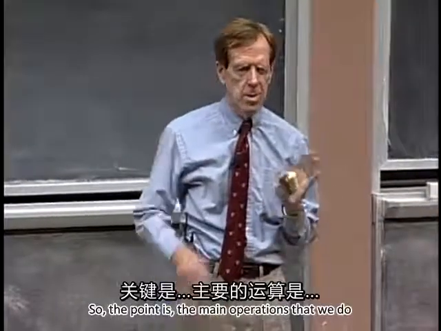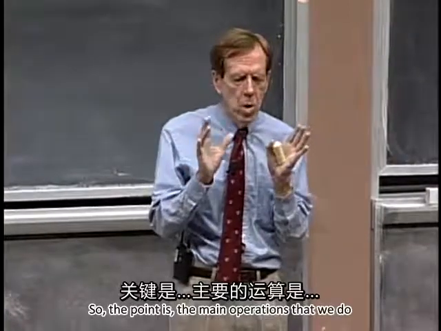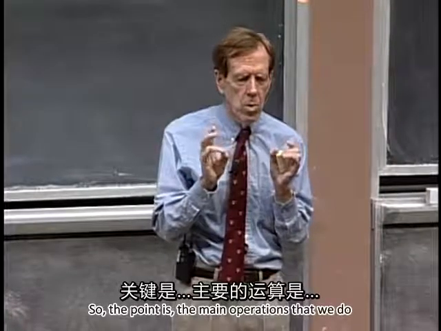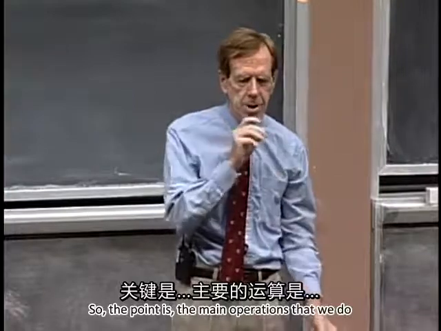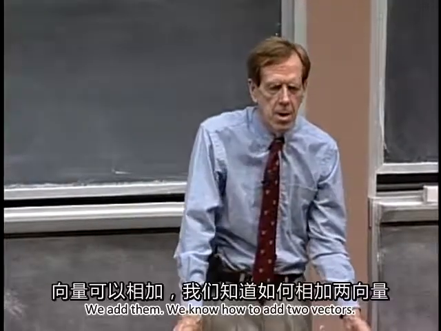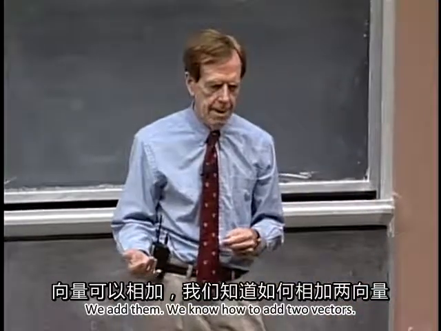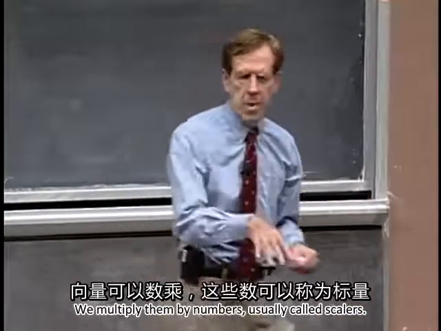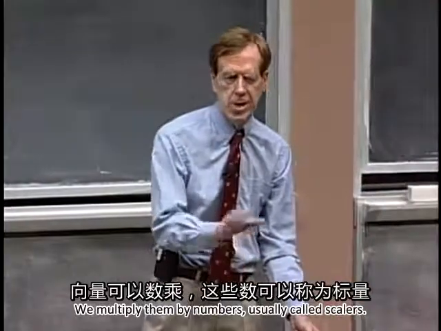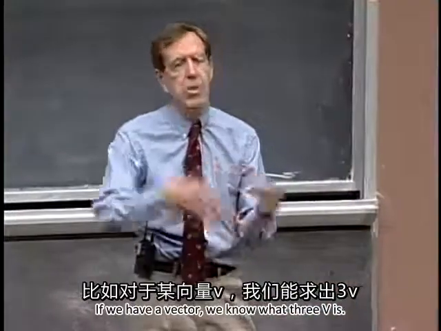Okay, so the point is, the main operations that we do, what do we do with vectors? We add them. We know how to add two vectors. We multiply them by numbers, usually called scalars. If we have a vector, we know what 3v is.